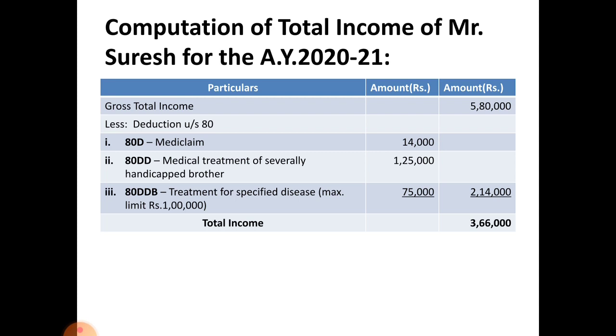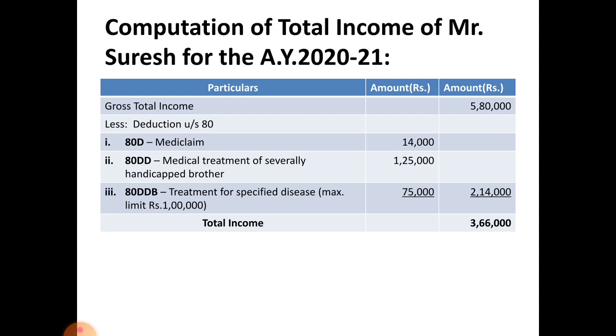Maximum limit is 1 lakh rupees, but here his father is a senior citizen, that is why maximum limit is 1 lakh rupees, but he spent only 75,000, whichever is lower you have to consider, that is why 75,000.